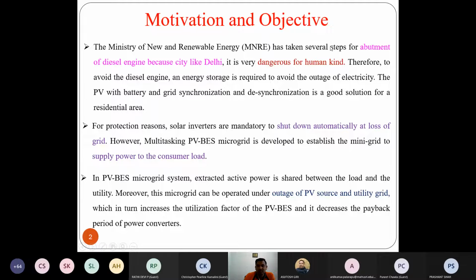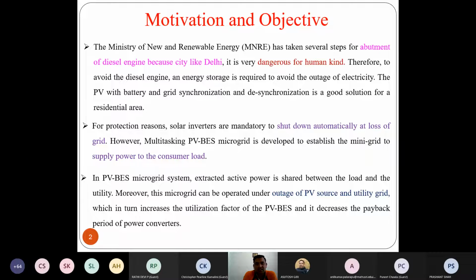To improve the air quality index in cities like Delhi, there is a ban on diesel engines because they pollute the environment. Suppose there are 100 houses and there is an interruption in the electricity, then they have a backup through a diesel engine.